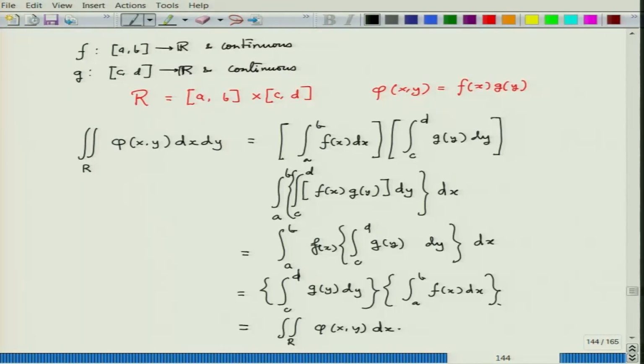Basically, first you compute the iterated integral; if it exists, that is equal to the double integral. Here we show it exists because these two integrals are just integrals of real valued continuous functions over closed intervals.